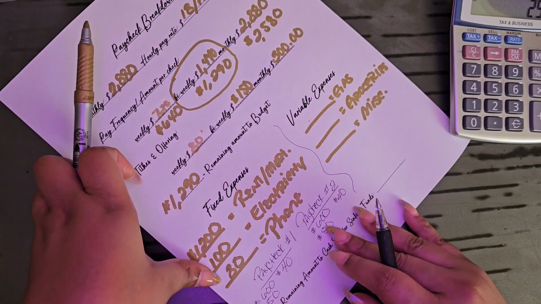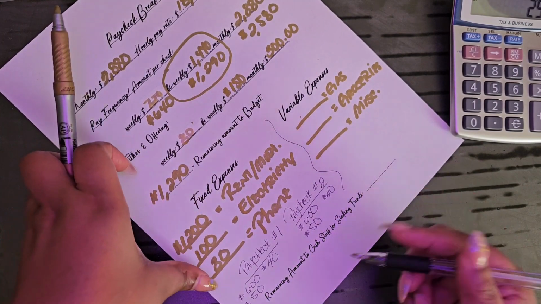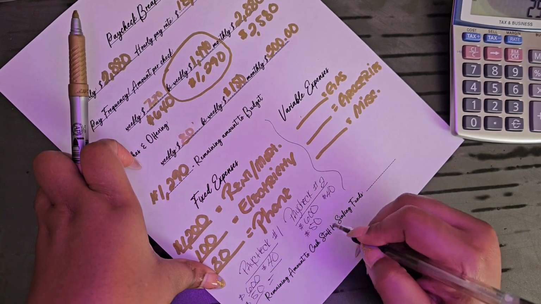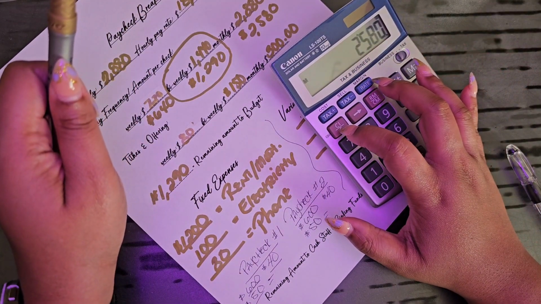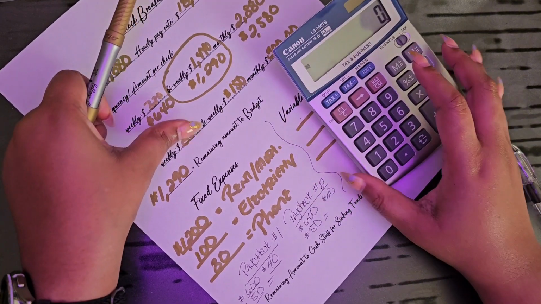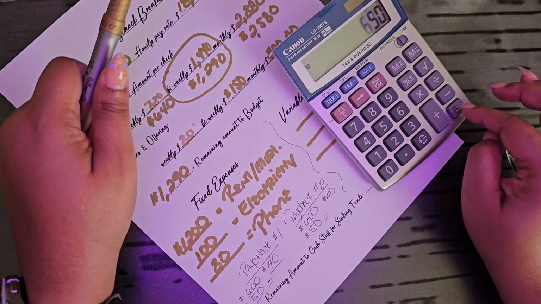And this is of course to alleviate the pain of taking it all out at one time. This will give you wiggle room to save. So on each check for your fixed expenses, we're going to do 600 plus 40 plus 50.